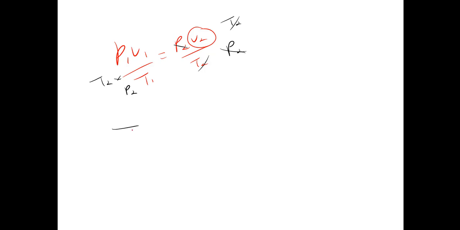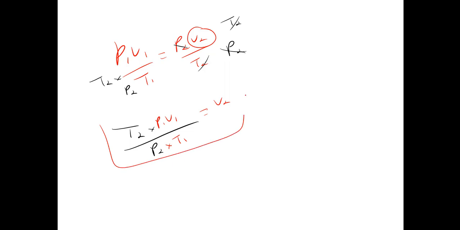And then you'll have T2 over P2 times P1, V1 over T1, and then you can start putting in your individual numbers into these variables.